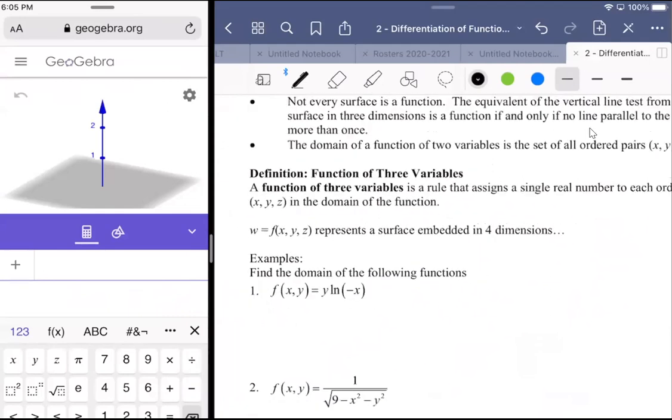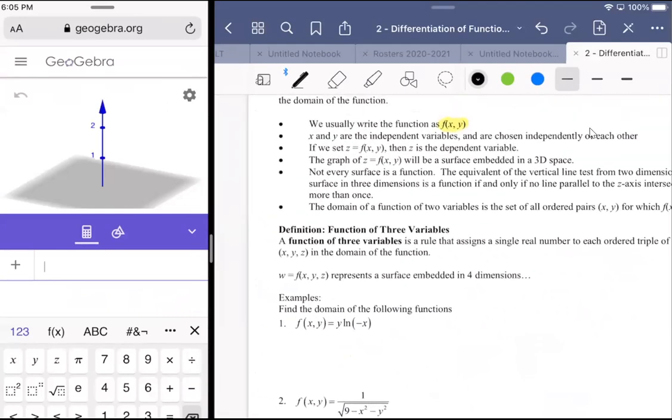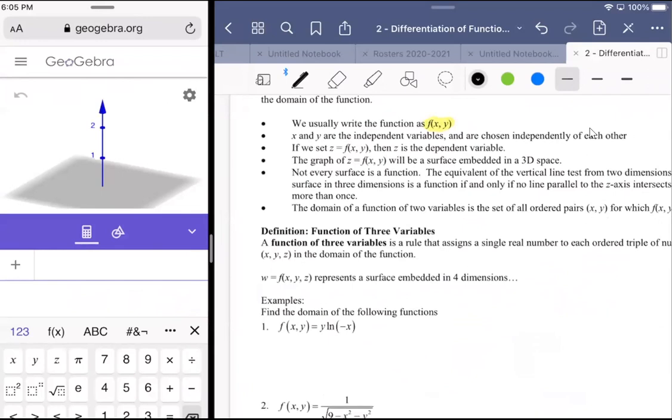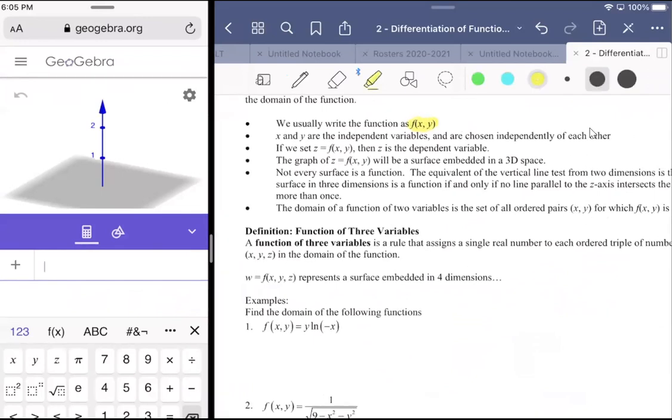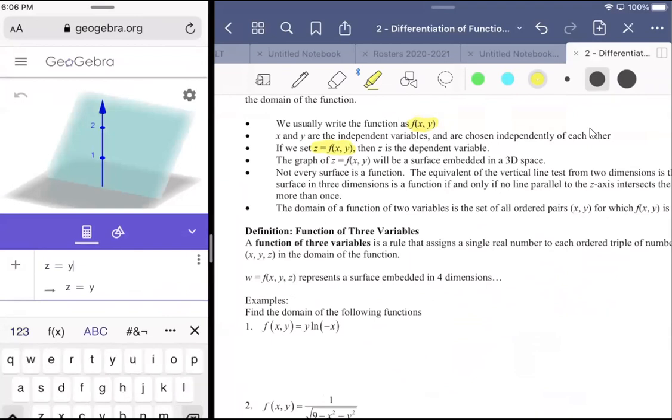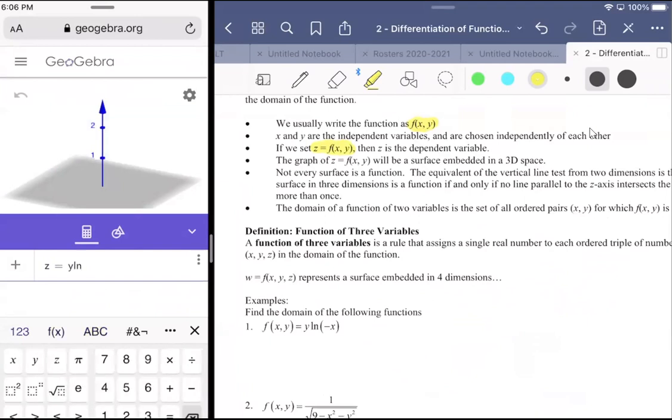A function of two variables, we designate that as f of x comma y, but we can also set that equal to z, right? Because it's going to spit out the dependent variable z. To make things a little less complicated, we tend to write z equals, when we use GeoGebra, so z equals y times the natural log of negative x.